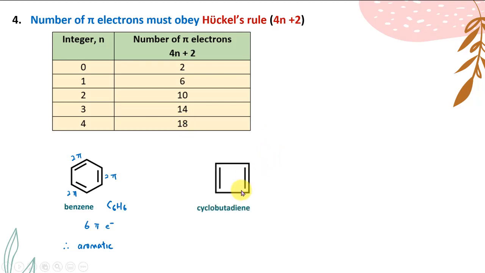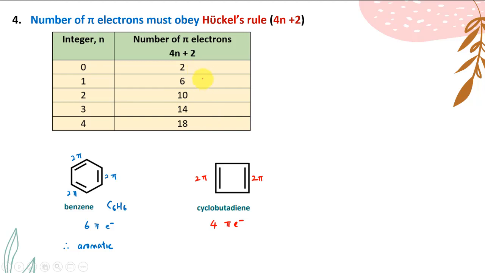The next structure given here is cyclobutadiene. Diene because of the presence of 2 double bonds. This is also a cyclic structure, a planar structure, completely conjugated as it has alternate double bonds. But let's look at Hückel's rule. In this cyclobutadiene, each double bond contains 2 pi electrons, so altogether you have 4 pi electrons. In the table, it doesn't have the value of 4.